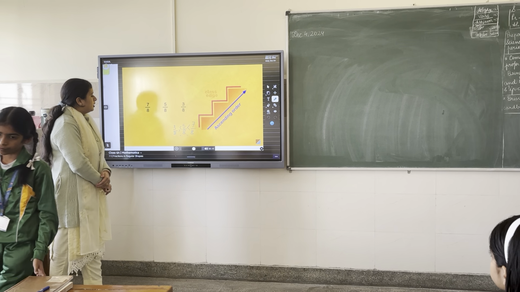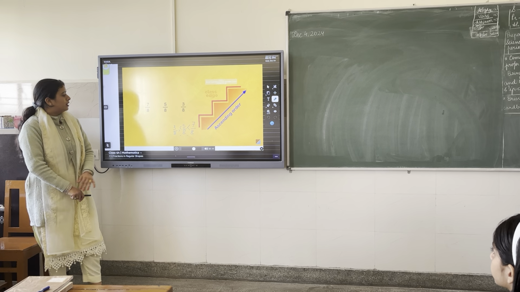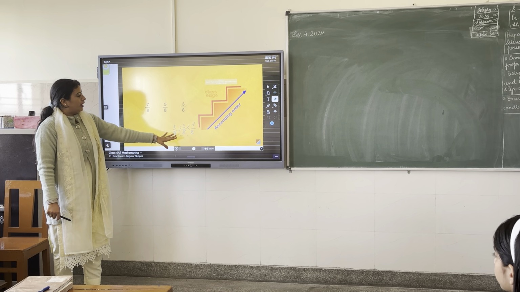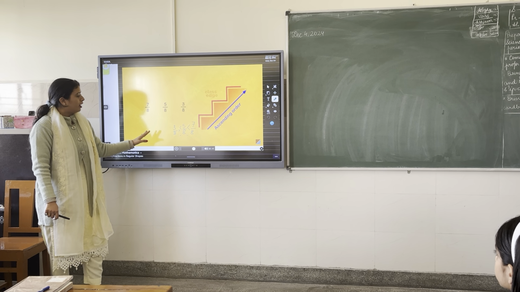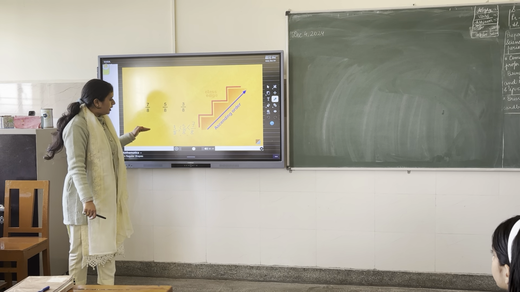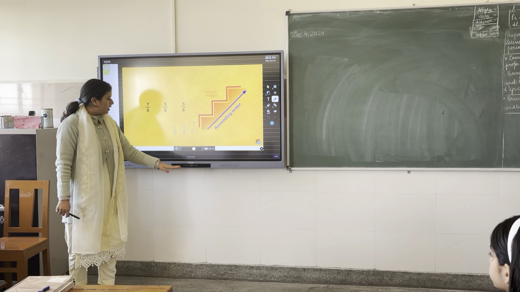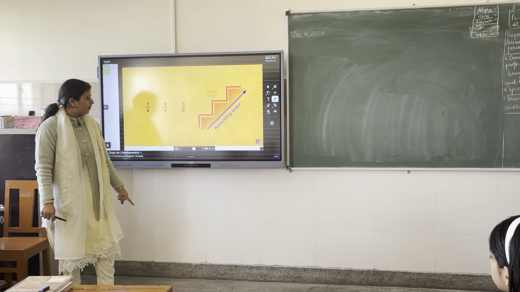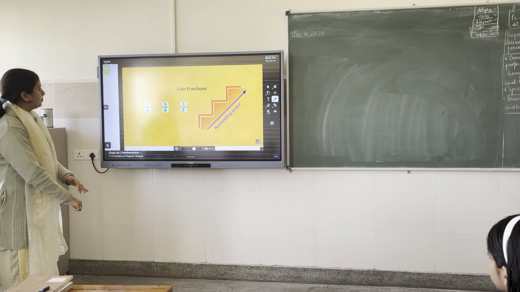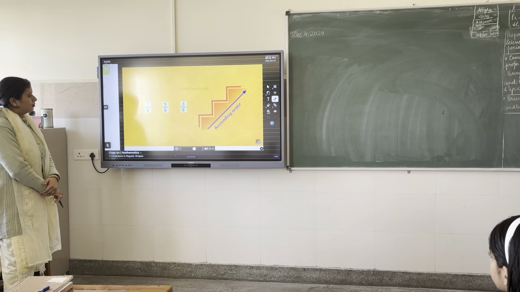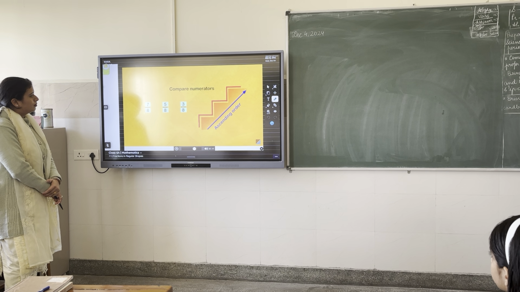As Ritika has written these fractions in ascending order or increasing order. As you can see, these are increasing when you move from left to right. Correct? Next. That these are like fractions. So, we compare their numerators.